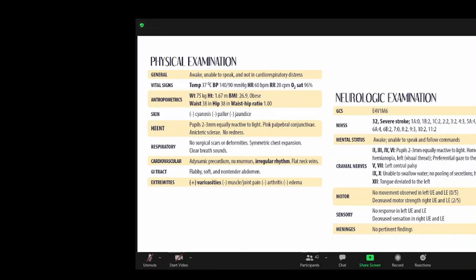So in this patient, what's the estimated body weight? 75 po, Doc. So 75 times 0.5. So you go with 0.5, or 1?